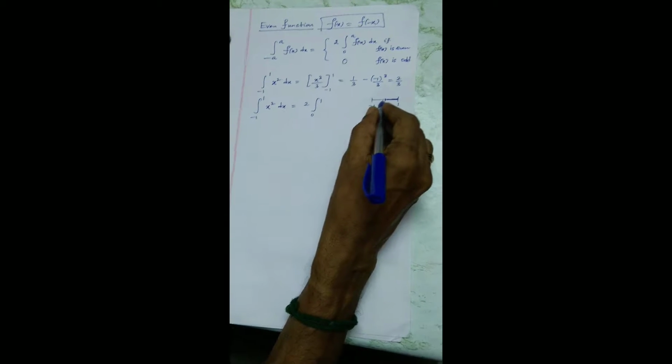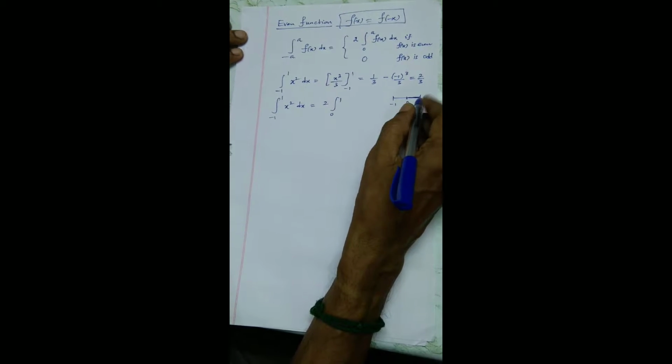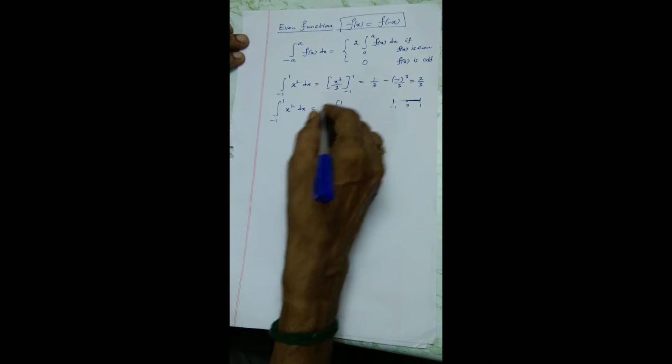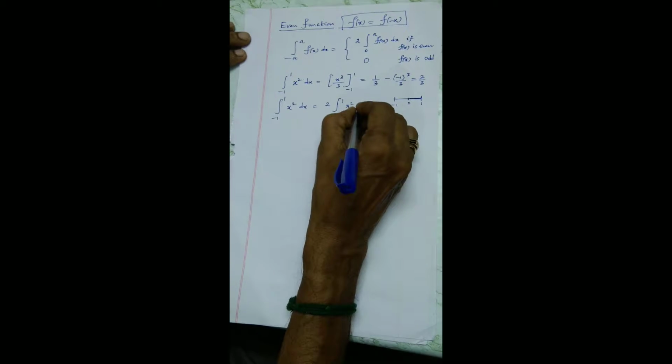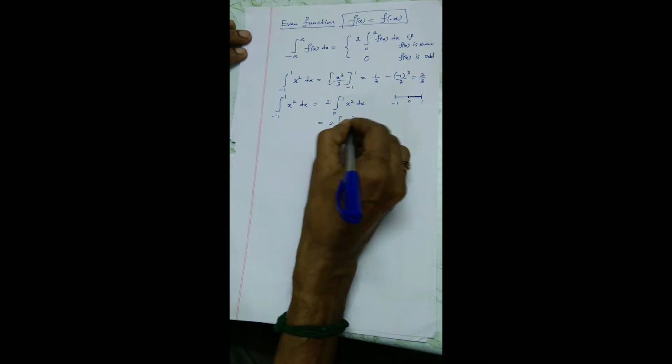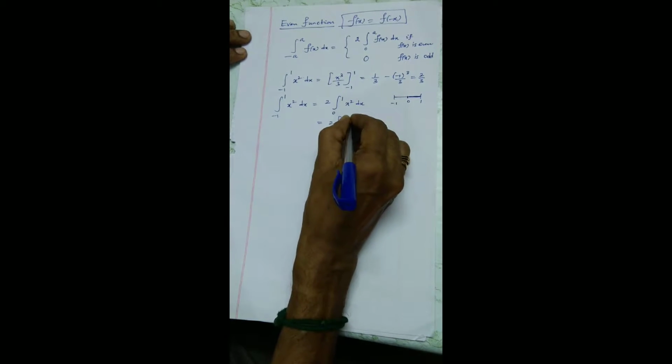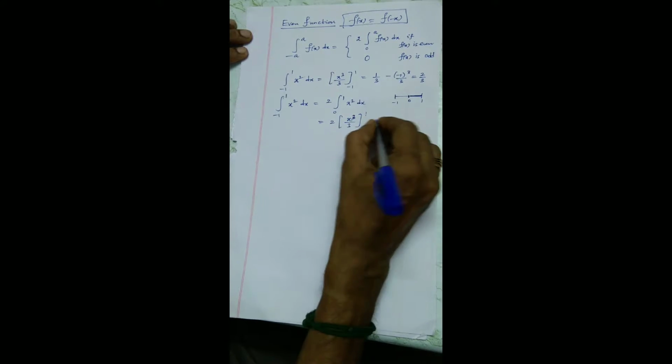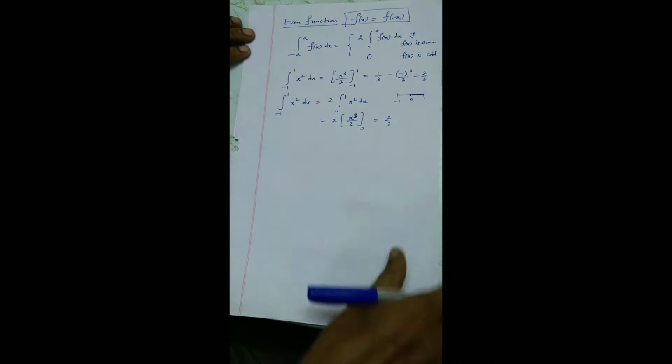Negative as well as positive remains unchanged. So whatever the negative value is, it is copied as it is, so you will get twice the positive value alone, x square dx. If you integrate, you will get x cube by 3 from 0 to 1, which gives 2 by 3, lower limit 0.